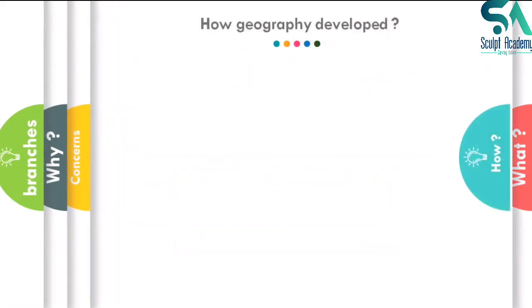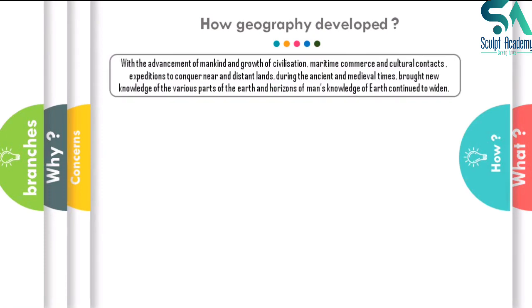Apart from this, let's study how geography developed. In the ancient times, as the civilizations progressed, many phenomena took place, like sea route trade, cultural contacts, expeditions to conquer near and distant lands, like Alexander conquered various places, Alexander invaded India.